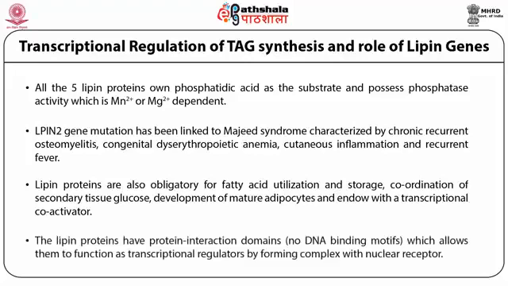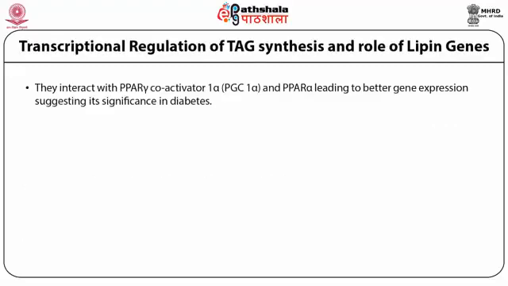The lipin proteins have protein interaction domain which allows them to function as transcriptional regulator by forming complex with the nuclear receptor. The lipin proteins interact with PPAR gamma coactivator 1 alpha, and PPAR alpha, leading to a better gene expression, suggesting its significance in diabetes.